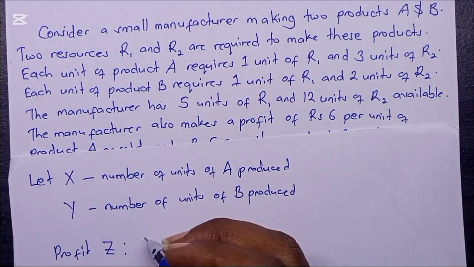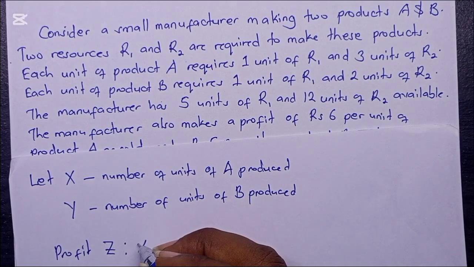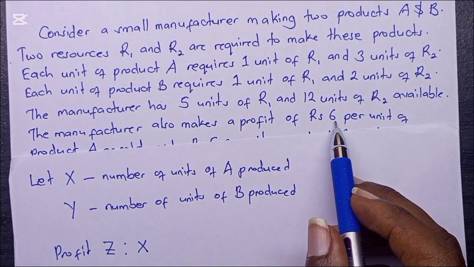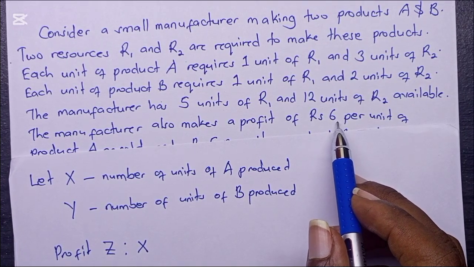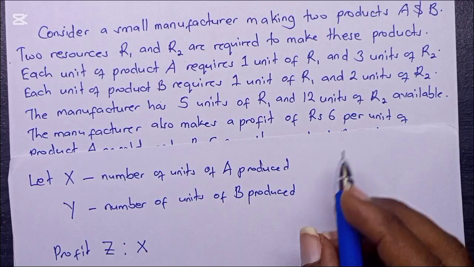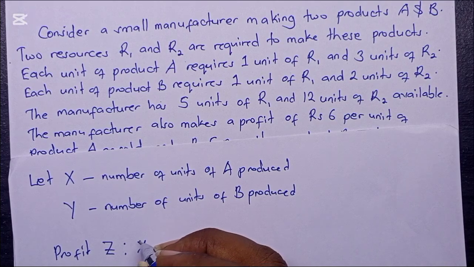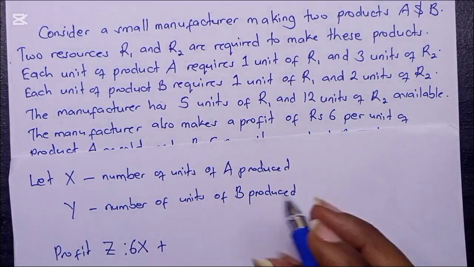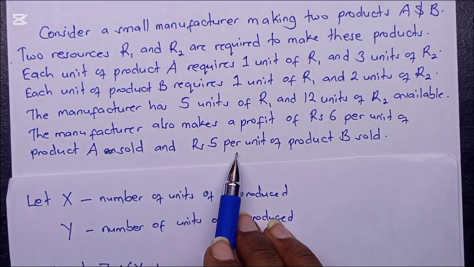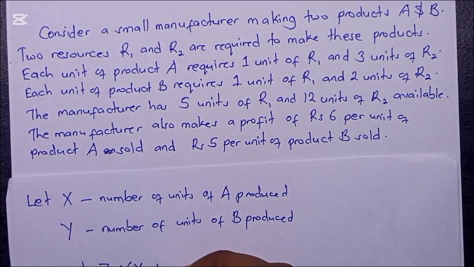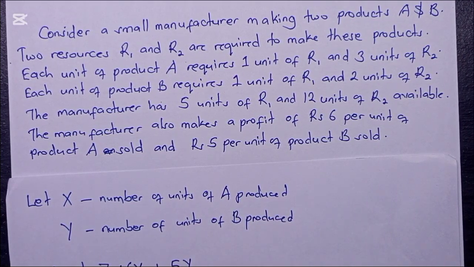So x units of A times 6, since 6 is the profit made per unit, gives 6x, plus he makes a profit of 5 rupees per product B sold, so plus 5 times y units of B produced.